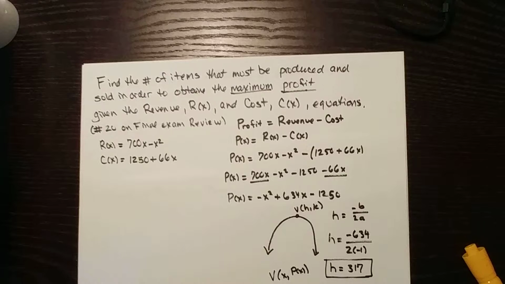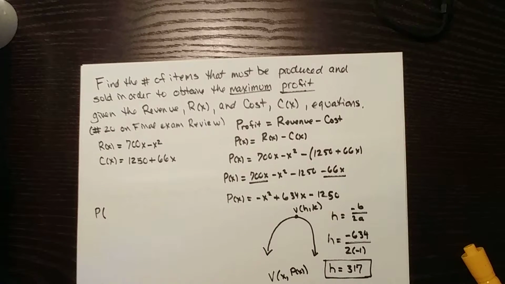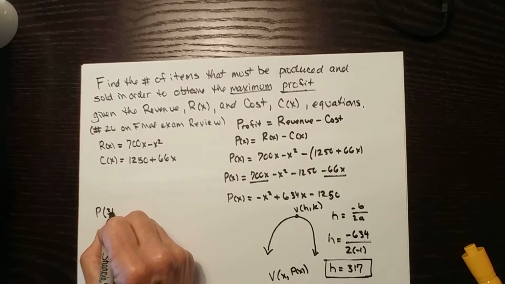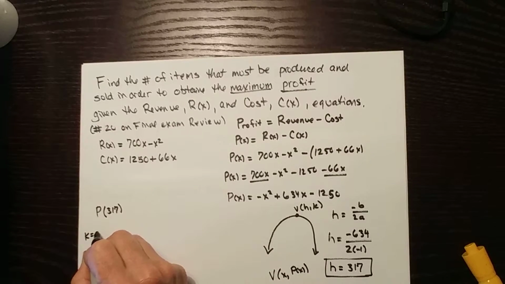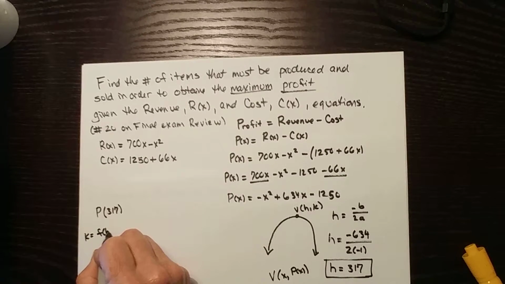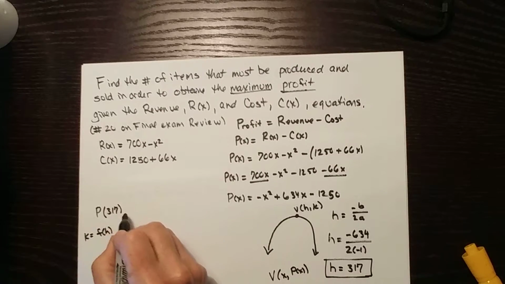And then how do we find the maximum profit? We evaluate the profit equation: how much profit you'll get when 317 items are produced. So K is equal to P of H in general. In this case, our K, the maximum profit, is when the profit equation is evaluated at our H, 317.